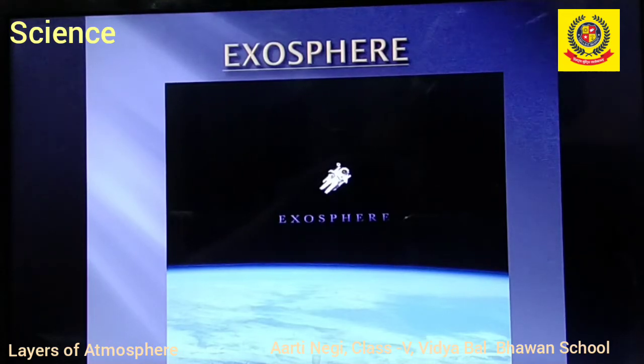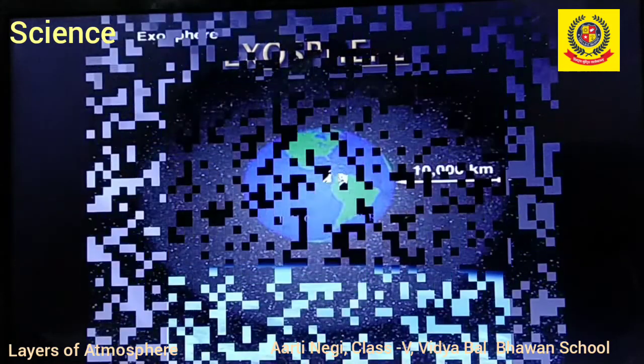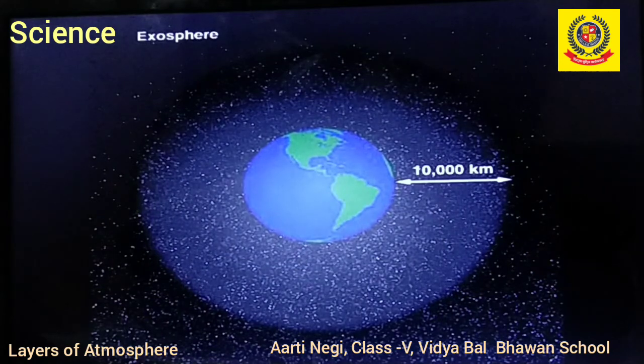In this layer the earth's gravitational pull ends, and beyond exosphere space starts, and here a person feels weightlessness, meaning there is no gravity in this part. Exosphere is the layer beyond 500 kilometers from our earth, and it ranges up to 10,000 kilometers.